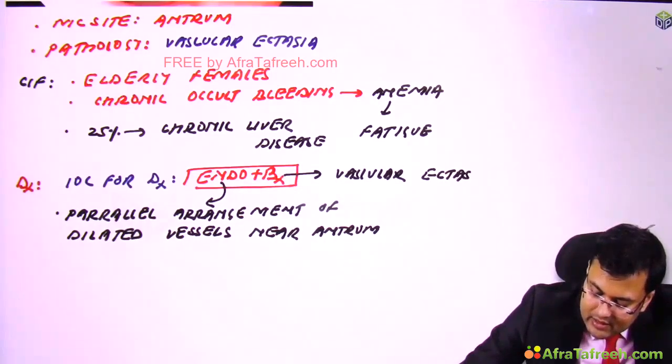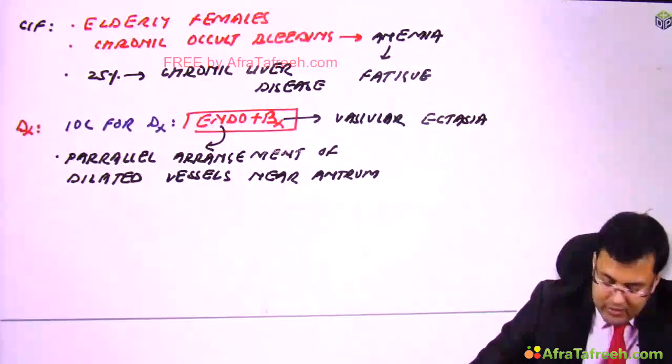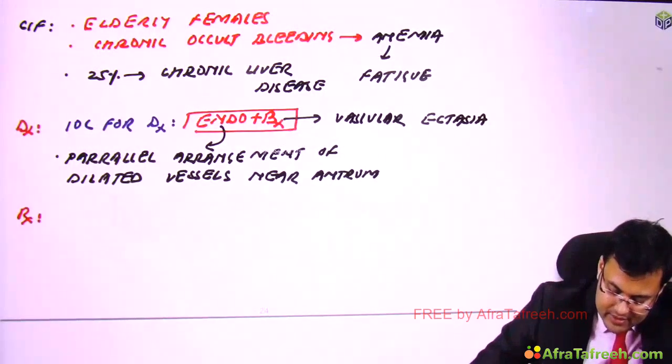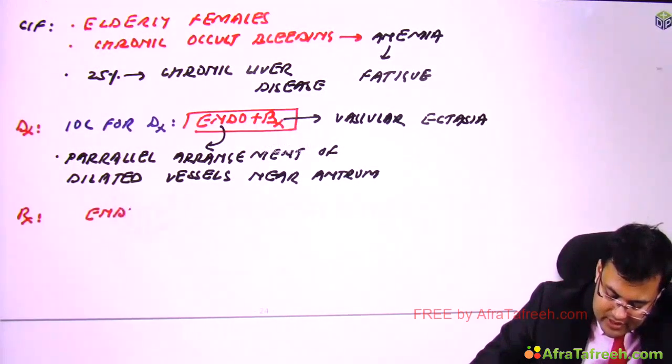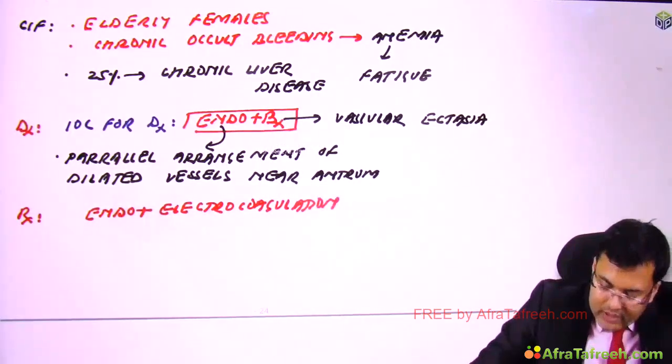In this case there is vascular ectasia, so we diagnose it. Now see how we are going to manage. It's easy. The treatment is generally endoscopic electrocoagulation. So this is how we manage.